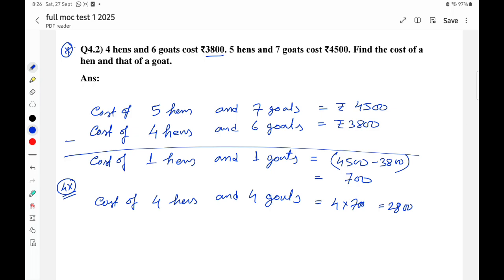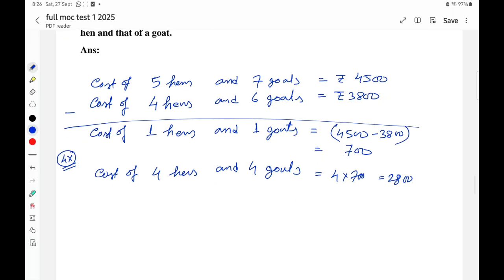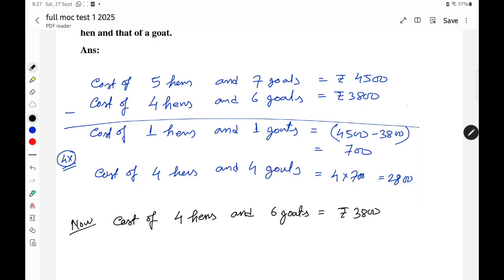But also see that cost of 4 hens and 6 goats are given. So I subtract that now. So now cost of 4 hens and 6 goats equal to rupees 3800. This is given. এখান থেকে পাচ্ছি.